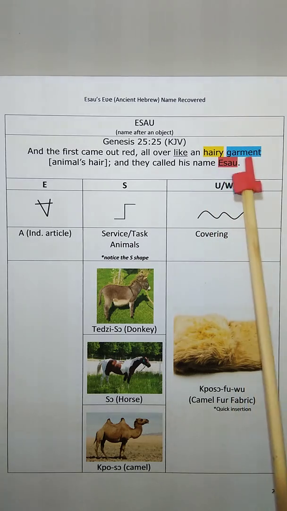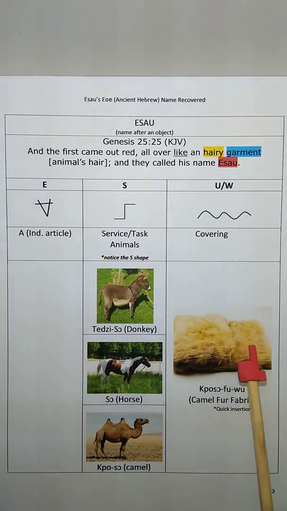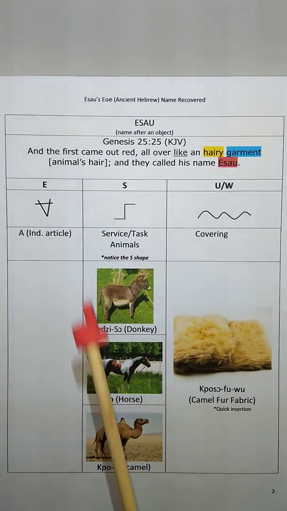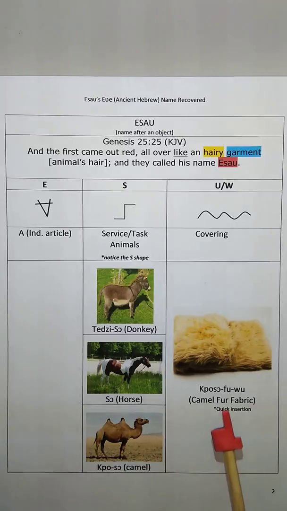The wool here is the garment, and the question again is, which animal is it? Now notice that a camel fur fabric has the fur in it, and the Eve word for fur is Fu. So let's take a closer look at this word.